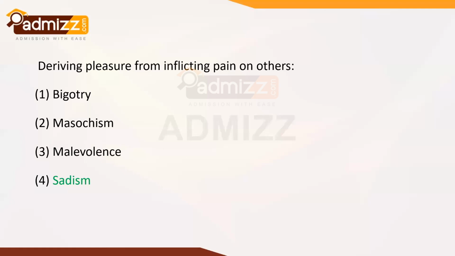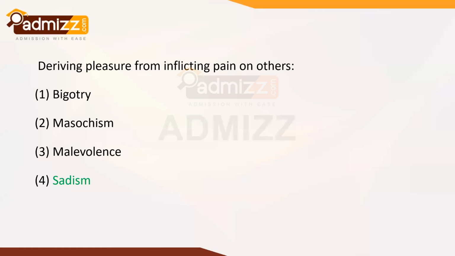Bigotry means to have a prejudicial or pre-established view on some matter, right? So that does not really fit what the problem is asking, so that's not correct. Masochism is one of the closest options to what the problem is asking, because it means deriving pleasure from inflicting pain, but on oneself, not on others.